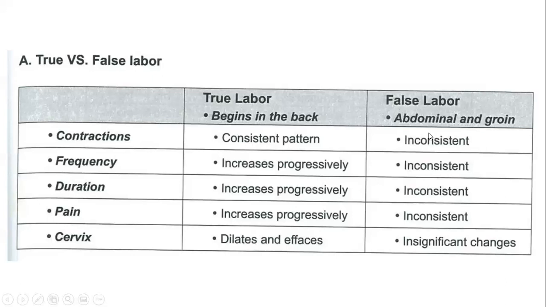In false labor, they are inconsistent. Frequency increases progressively in true labor, but is inconsistent in false labor. Duration increases progressively, but in false labor, inconsistent. Pain increases progressively, versus inconsistent. The cervix dilates and effaces in true labor, but in false labor, the change is insignificant.